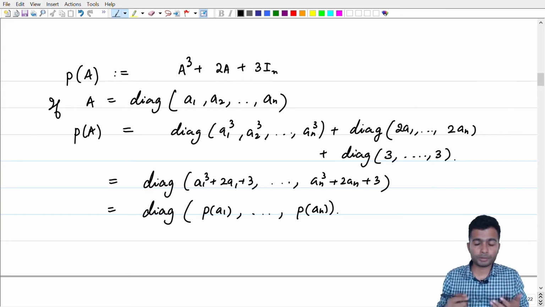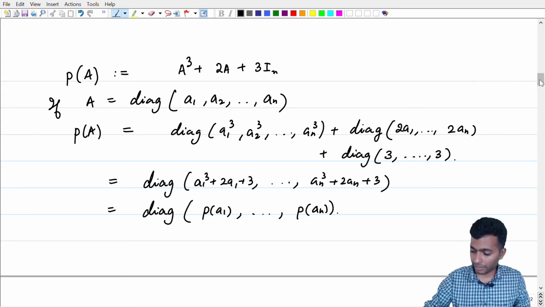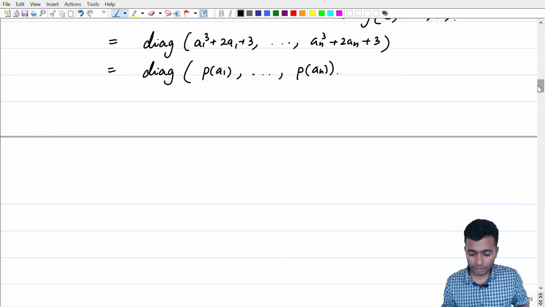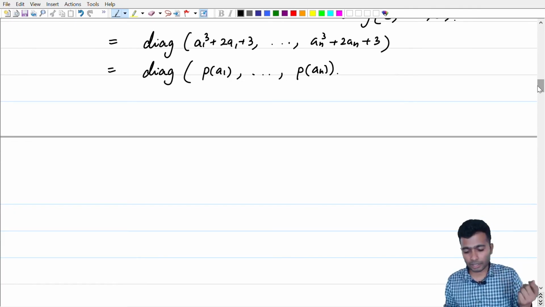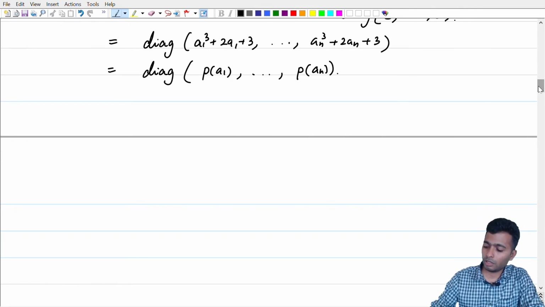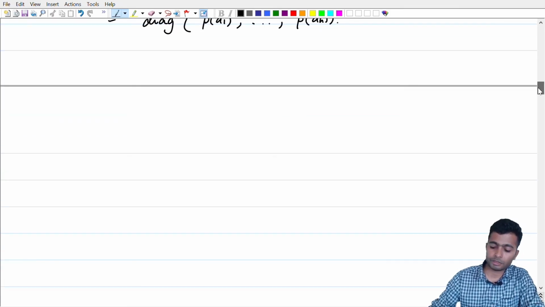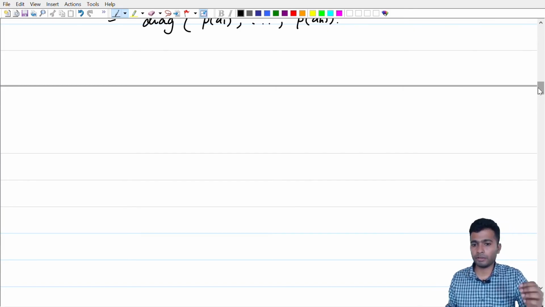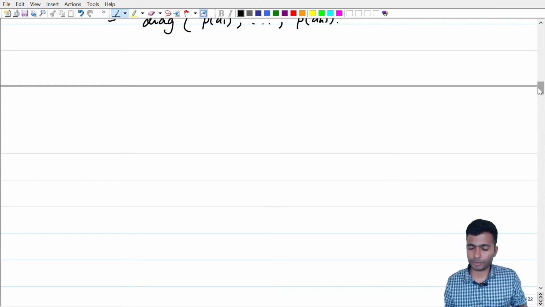So the polynomial expression of a diagonal matrix will give us a diagonal matrix again, whose entries are the corresponding polynomial expressions of the diagonal entries of A. So again, with respect to polynomial expressions, evaluating p of A will be very easily done with diagonal matrices as compared to normal matrices.